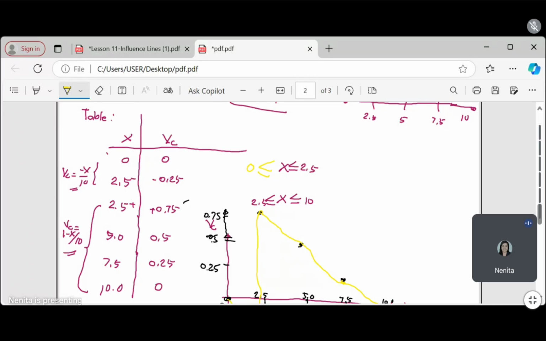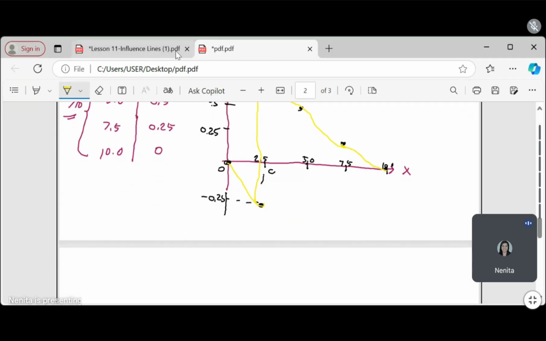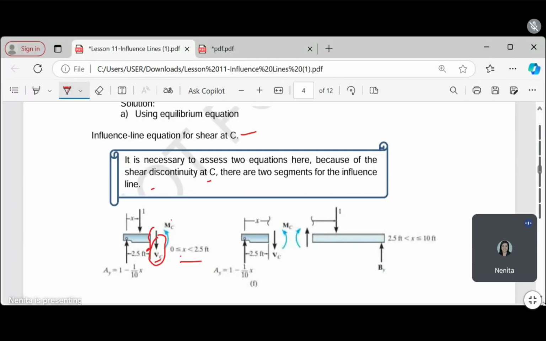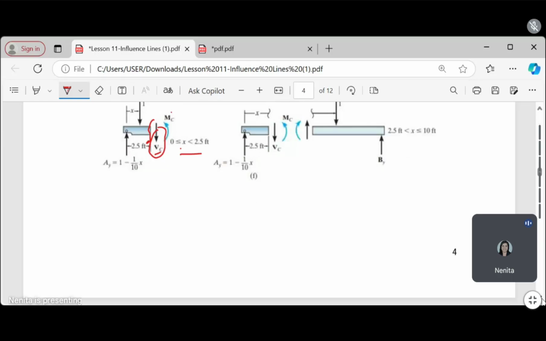Just to the right, it can be equal. Okay, that's right.